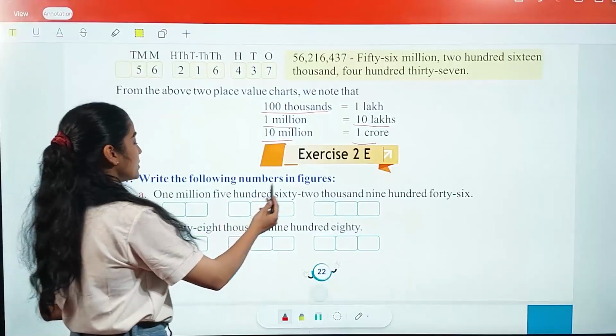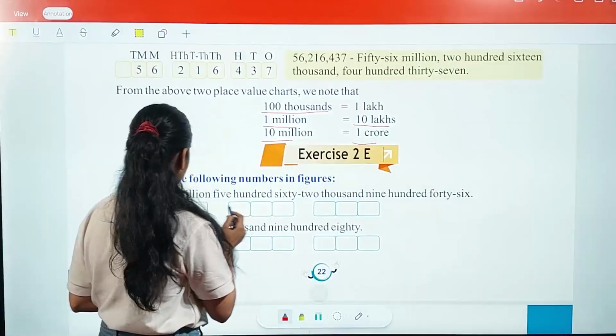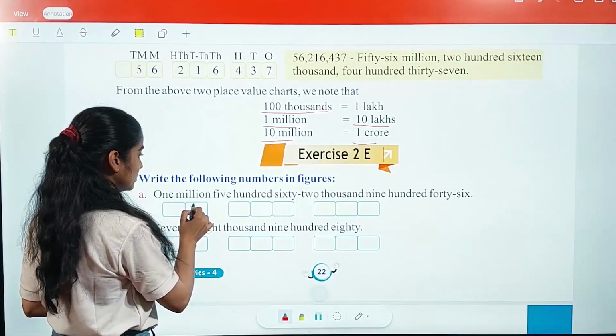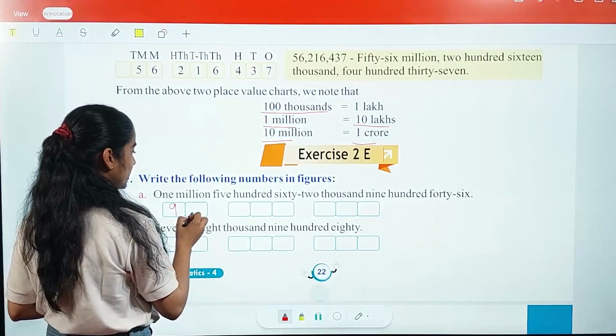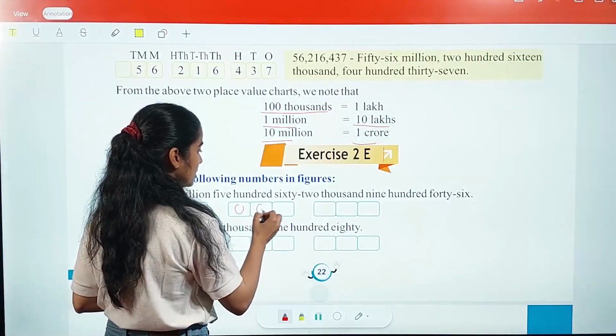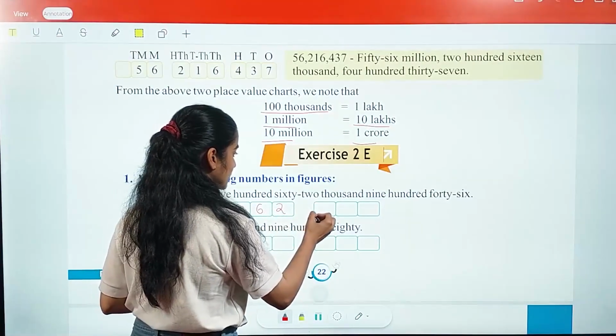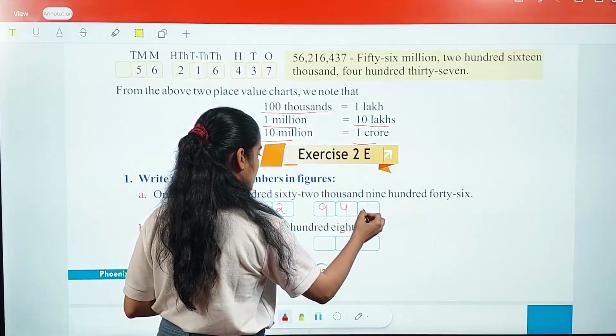Now we have our exercise 2E. Write the following numbers in figures. 1 million, 560. So first we write 1 million. 9 million, 562,946.